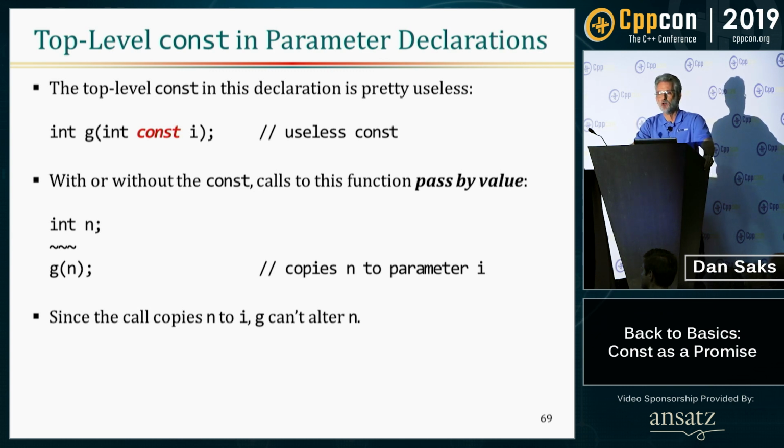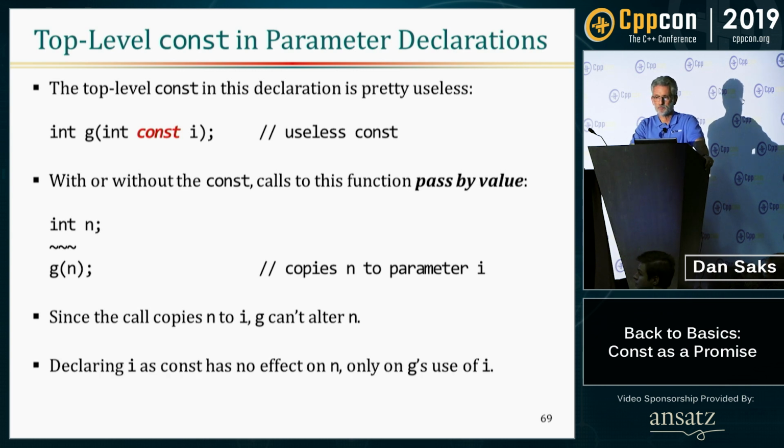And so g can't alter n. And the presence of the const there doesn't make that inability any stronger or weaker. All it does, again, is it affects what g can do with its copy inside the body of the function. And so I tend to discourage this.